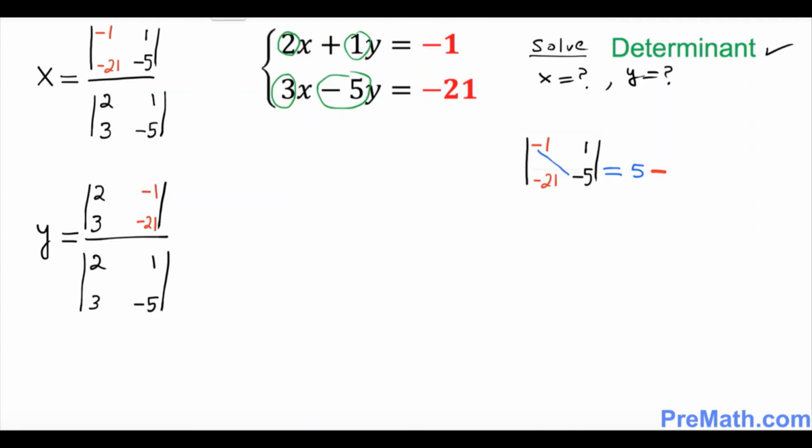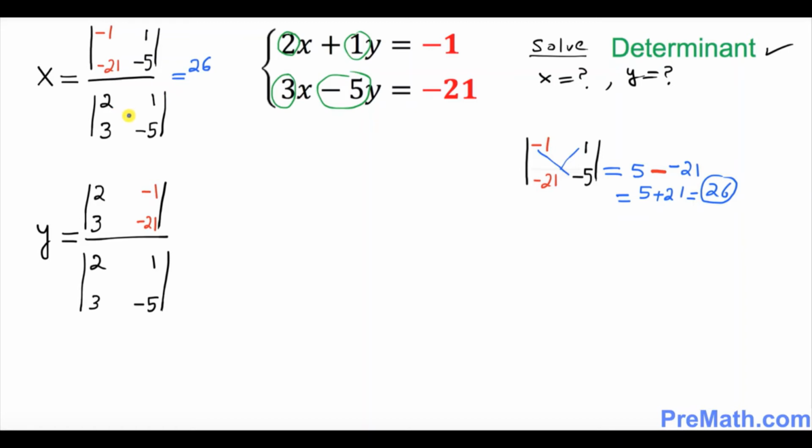Then cross multiply the other way around: 1 times -21 equals -21. Now when you have two negatives next to each other, they become positive. So we got 5 plus 21 equals 26. So the value of this top determinant turns out to be 26. All right, so far so good.